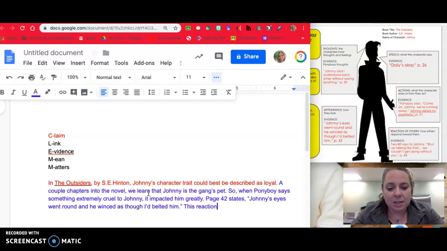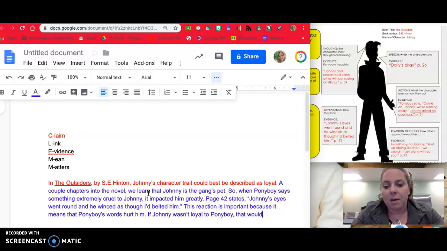This reaction is important because it means that Ponyboy's words hurt him. If Johnny wasn't loyal to Ponyboy, that wouldn't have come as such a surprise.